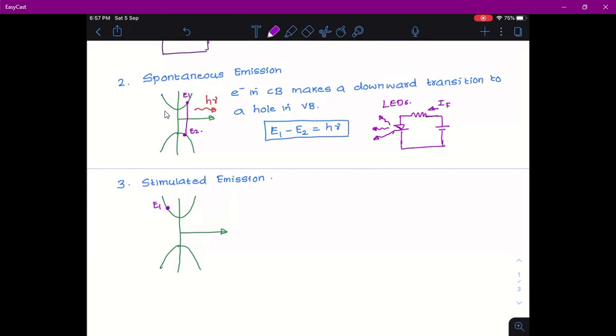Now instead of the electron jumping directly from E1 to E2, what we do is we provide a photon of energy h nu.